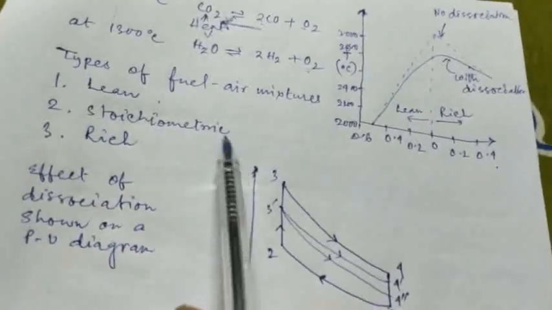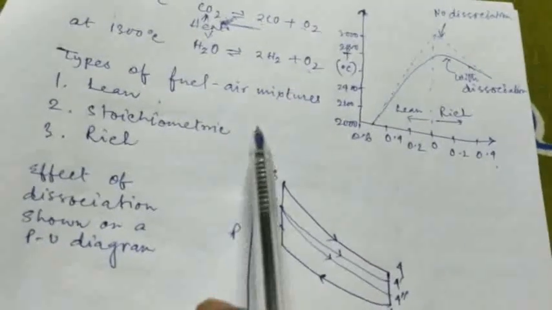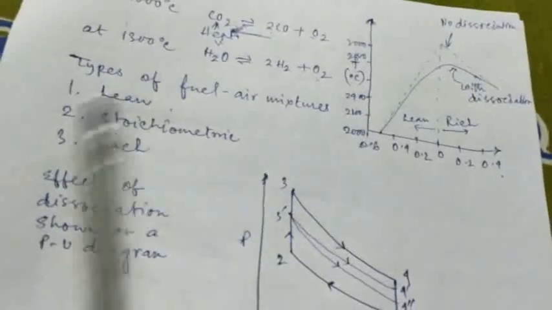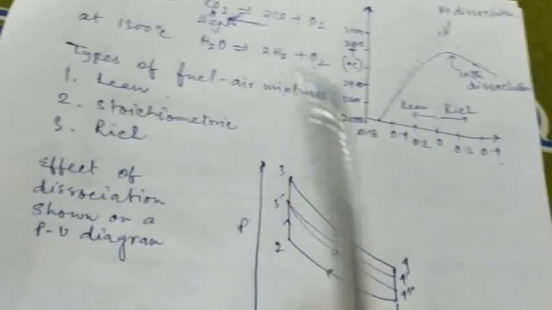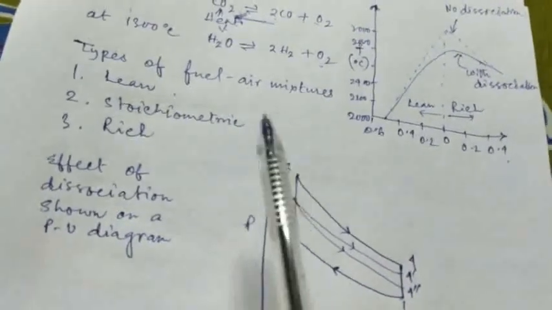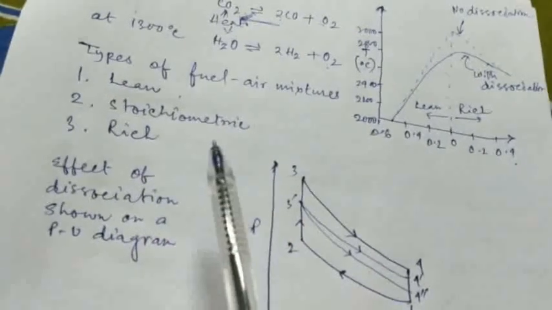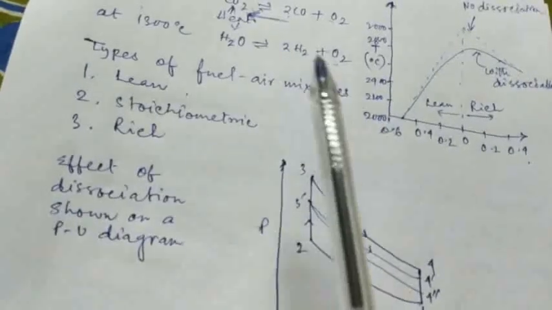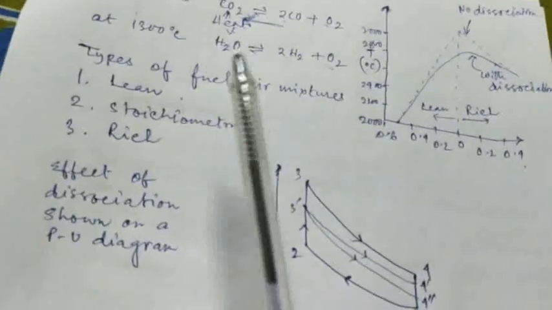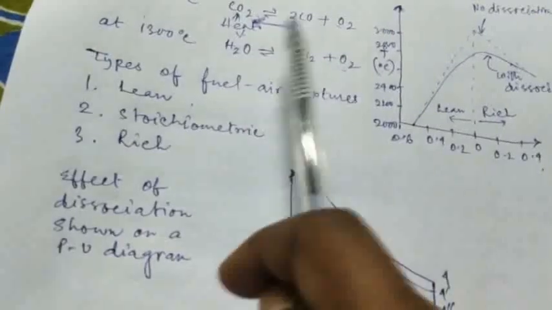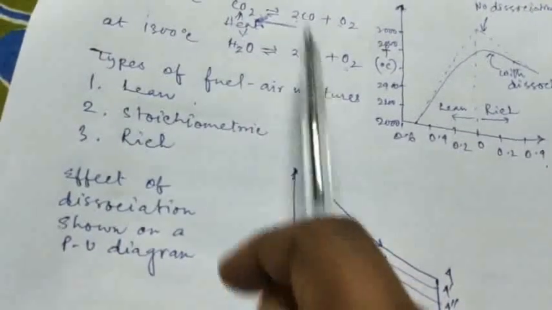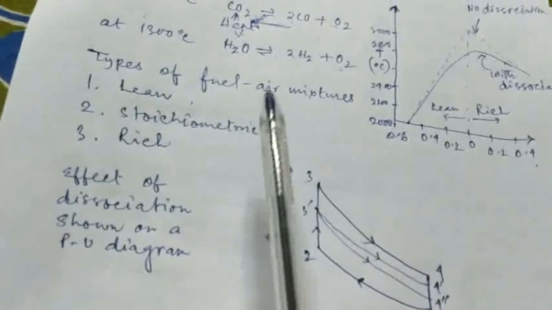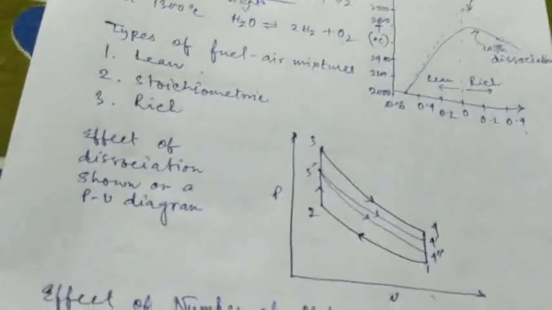Because the amount of air or oxygen present is sufficient to burn all the fuel, so all the fuel will get burned. So maximum temperature rise will occur in the system. That temperature rise will dissociate the products CO2 and H2O into other molecules and take some heat from the system and reduce the peak pressure and temperature of the system.